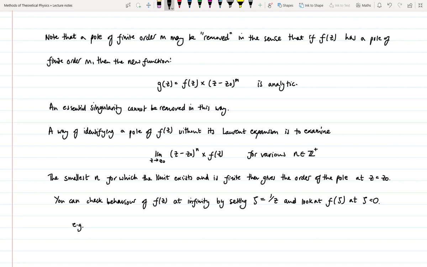For example, consider f of z is z times 1 plus z. Well, if we perform that substitution, we have that f of zeta is 1 over zeta times 1 plus 1 over zeta. Multiplying this out, we have 1 over zeta squared plus 1 over zeta.